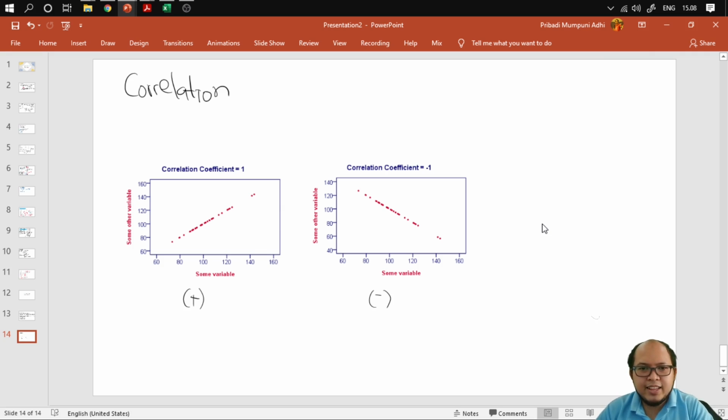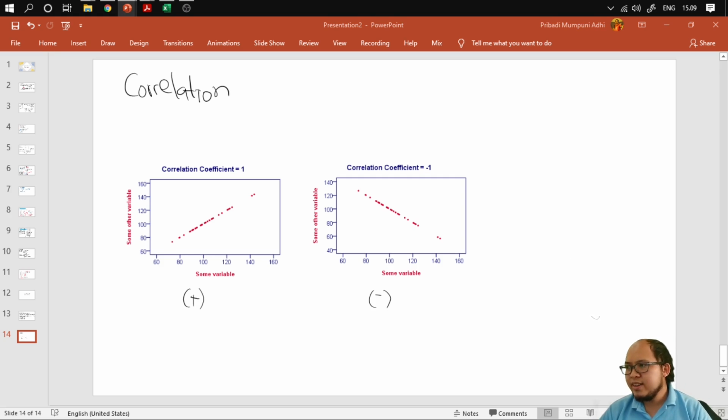And the correlation coefficient value will be exactly equal to -1 if the scatter data is making exactly a linear graph or exactly the straight line.